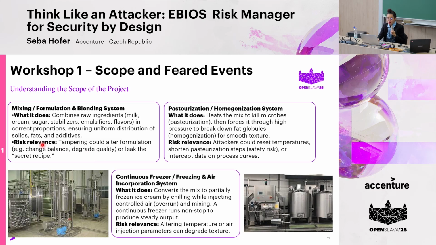And here the risk is that if this machine is compromised, an attacker can alter the formulation of the ice cream. So we would have just a disgusting ice cream, which is going to be very bad. Or leak some information, like the secret recipe of some special ice cream.